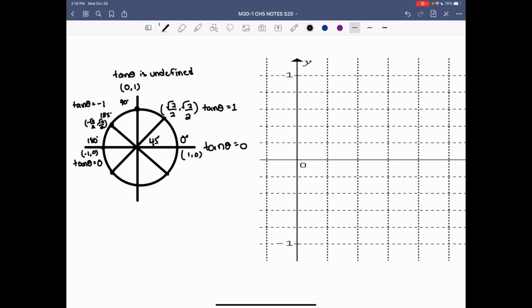At 225 degrees, we've got the point (negative root 2 over 2, negative root 2 over 2). So tan theta equals 1. At 270 degrees, we have the point (0, negative 1), and tan theta is undefined.